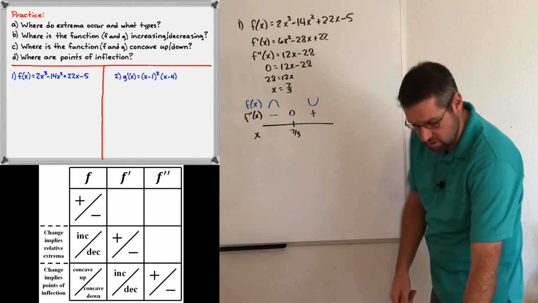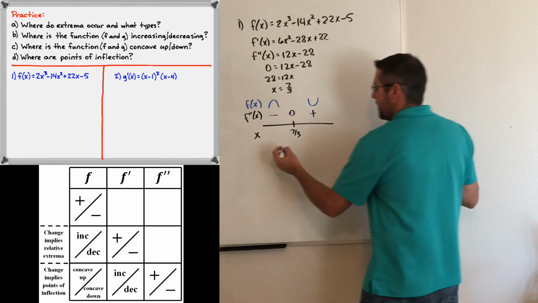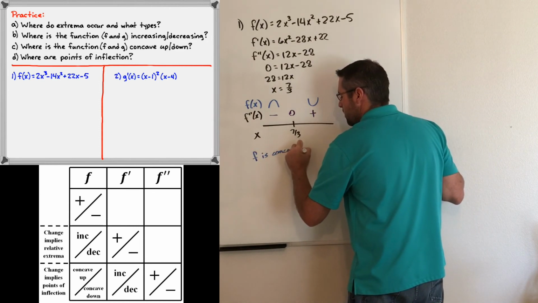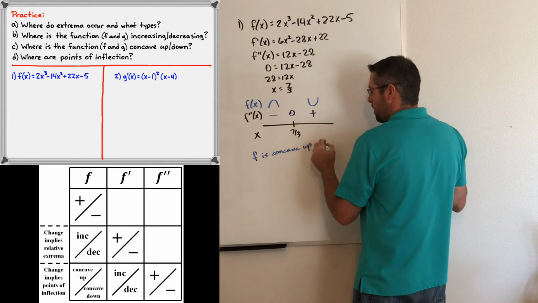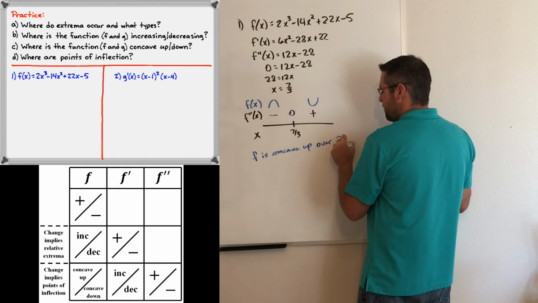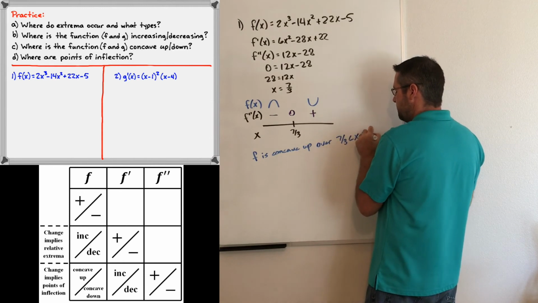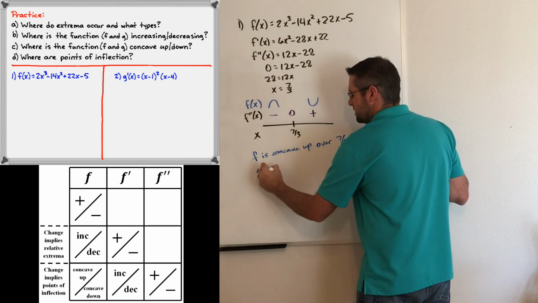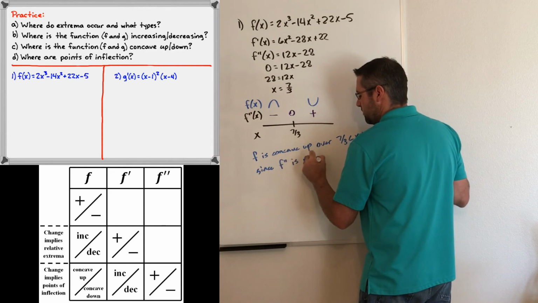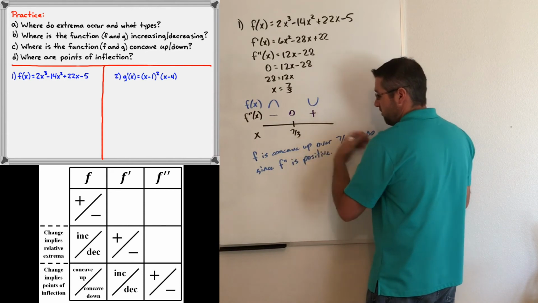So let's go ahead and justify this. We would say that f is concave up over 7/3 less than x less than infinity, since f double prime is positive over that interval.